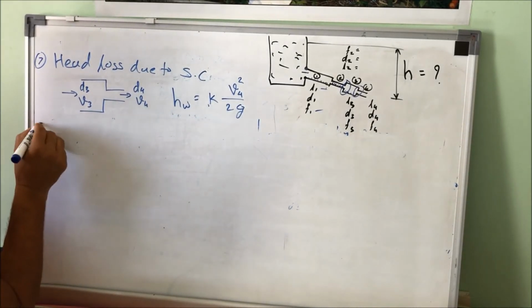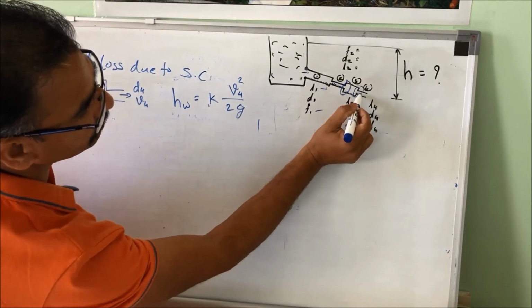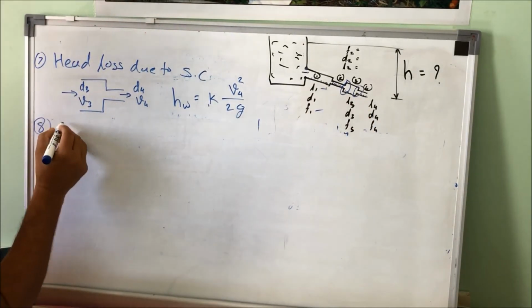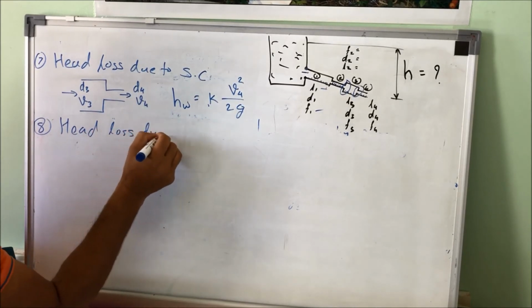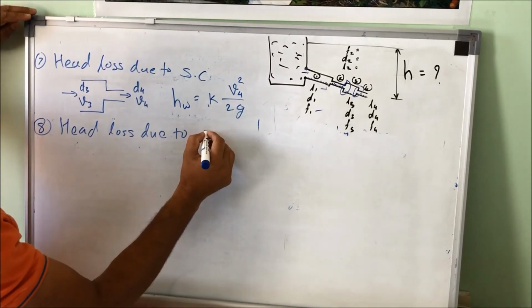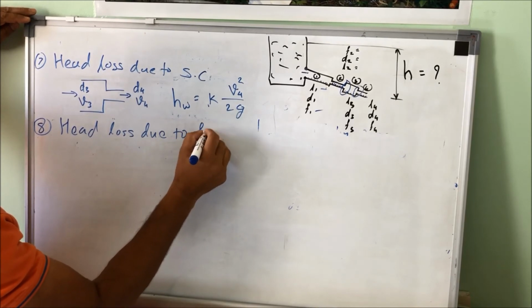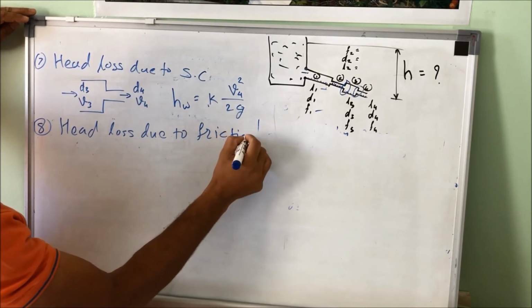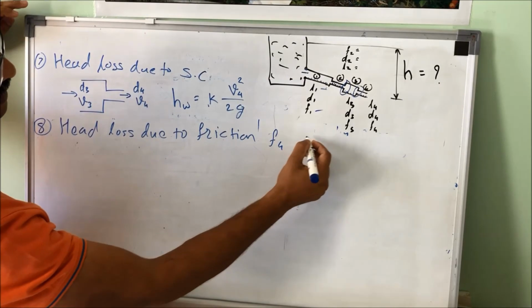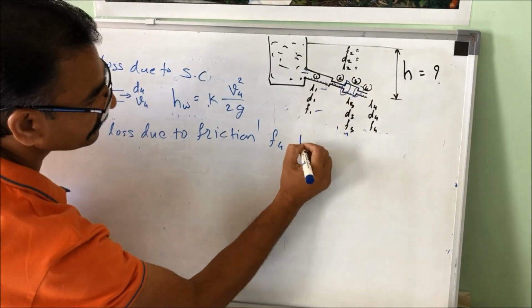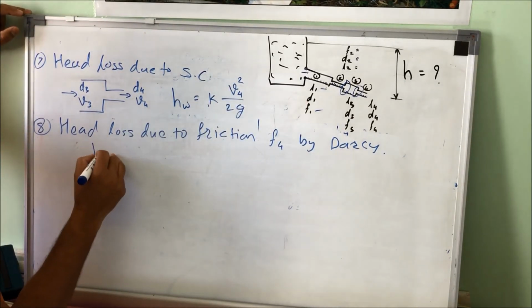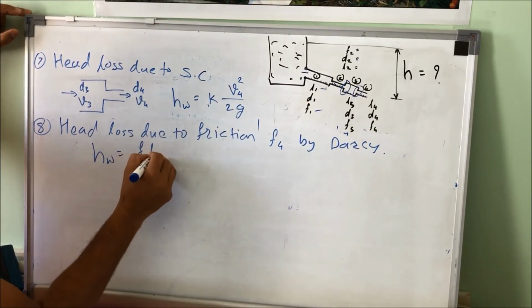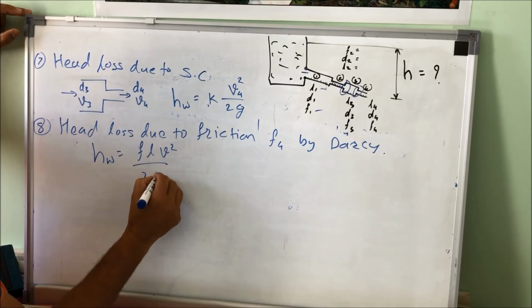Now 8, we finish this. Flow over this pipe number 4, head loss due to friction, F4, through the pipe 4 by Darcy is equal to HW is equal to FLV square over 2GD.